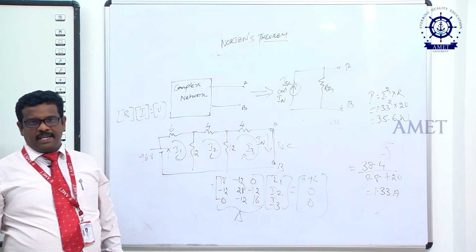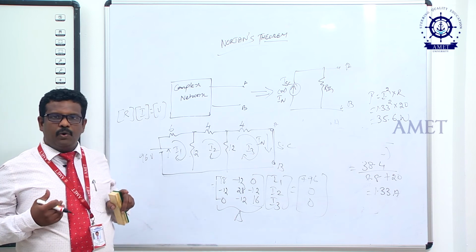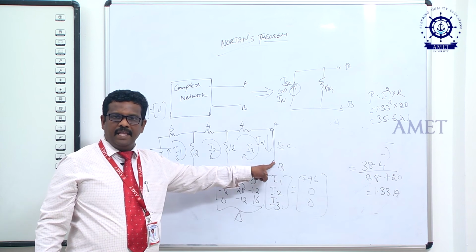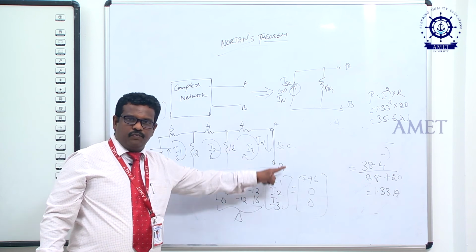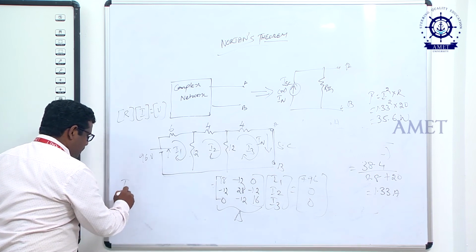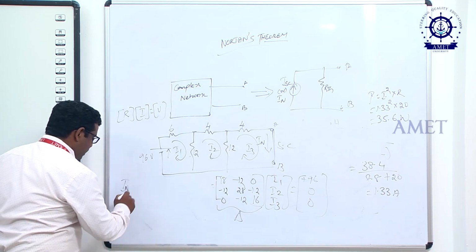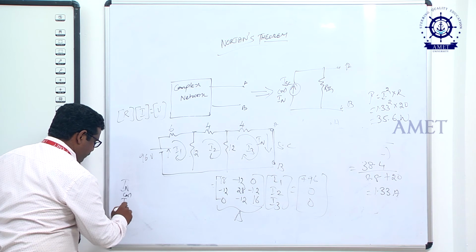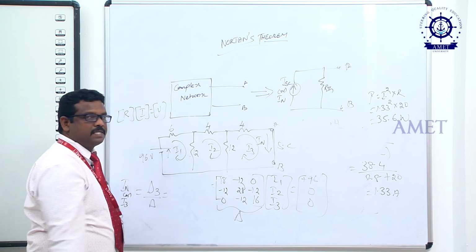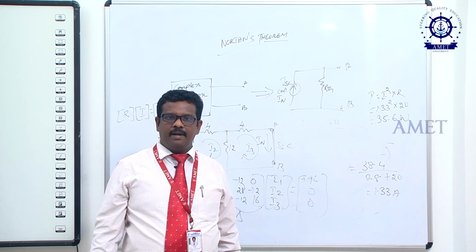We don't need to find I1, I2; we directly go for I3, because I3 is the current that flows in the short circuit path. Therefore, IN, that is Norton's current, is nothing but I3, which is equal to delta 3 by delta.